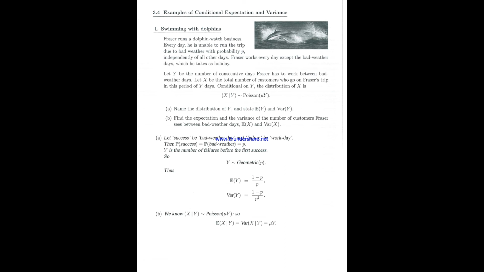All the days are independent. Here they have defined two random variables x and y. y is the number of consecutive days Fraser has to work between bad weather days, and capital X is the total number of customers who go on Fraser's trip in this period of y.